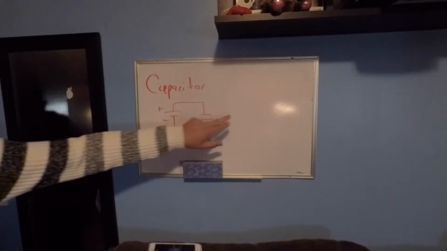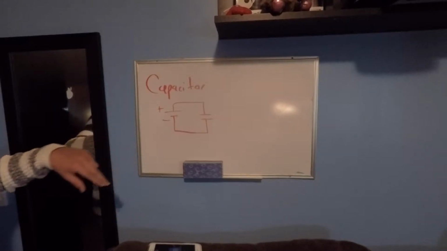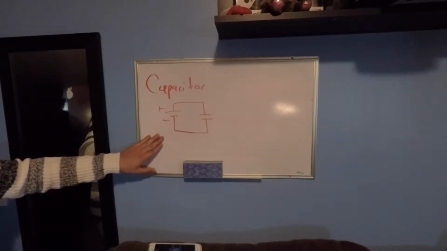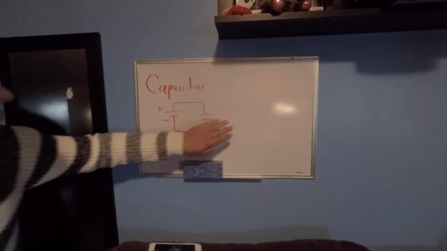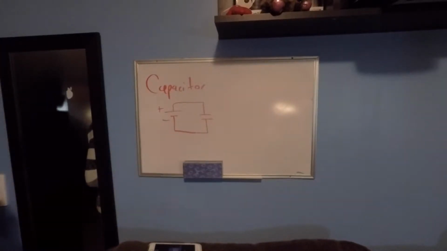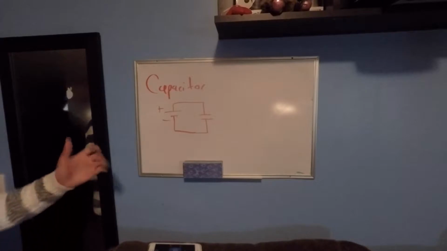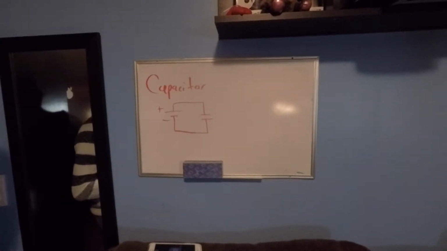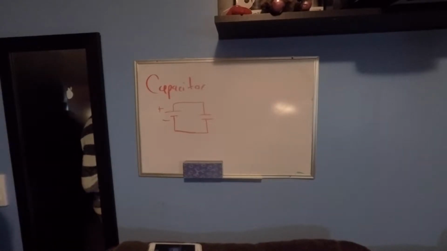Once the capacitor is completely charged, it will have the same voltage as the battery. A small capacitor has a small capacity, but large capacitors can hold quite a bit of charge, or a lot of energy.